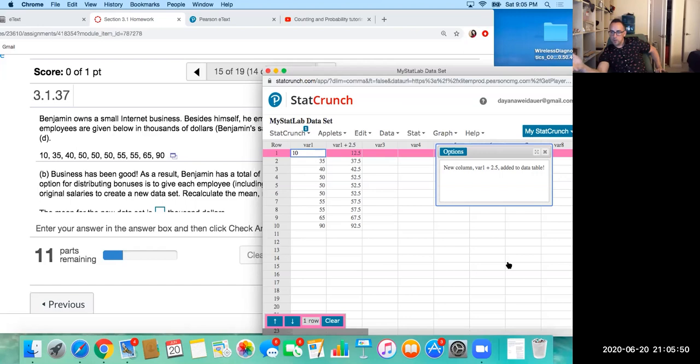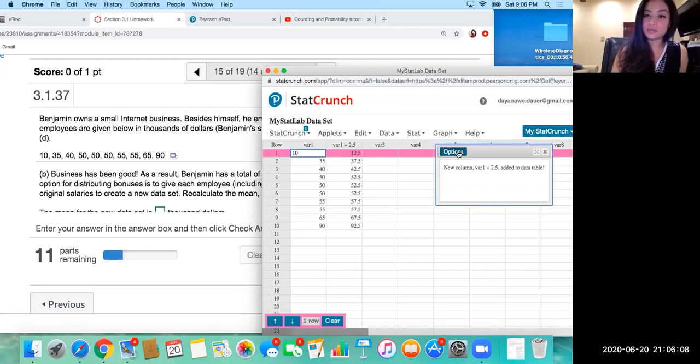So we could find the mean and the median of those. That is amazing. I did that for myself because I'm trying to learn StatCrunch. I know StatCrunch pretty well, but I'm just double checking. So if I click on options, am I able to go through this, or should I just go?